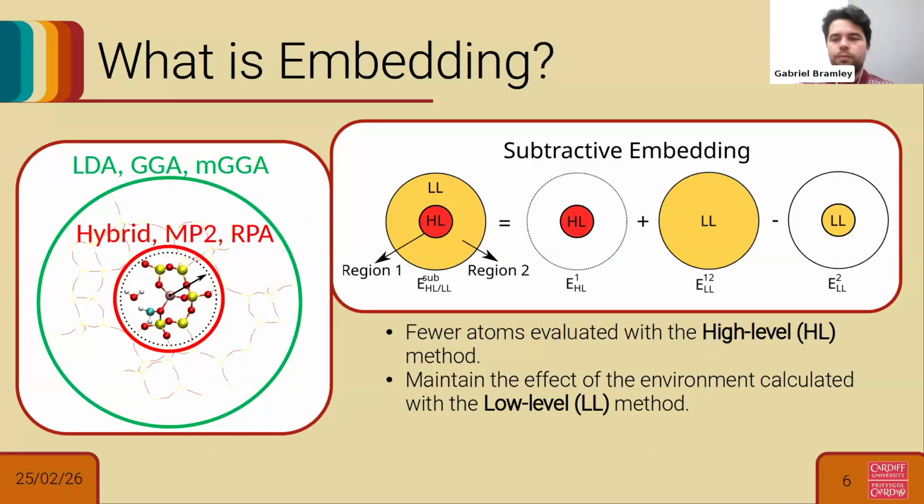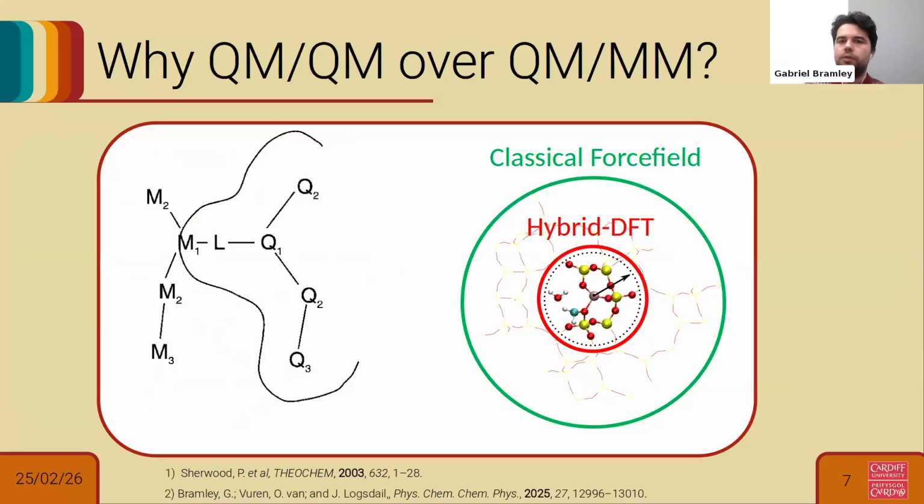And Andy was discussing QM-MM, but we should probably go over why you would want to go to a scheme that uses quantum mechanical and quantum mechanical embedding over the classical term. And part of this comes down to a lot of the parameterization that you have to do to get some of these QM-MM models to work properly.